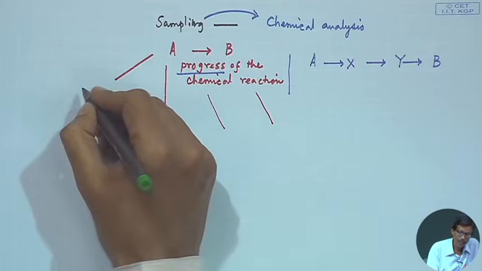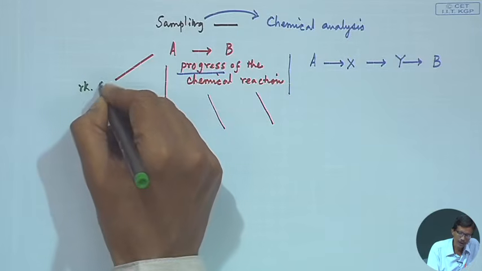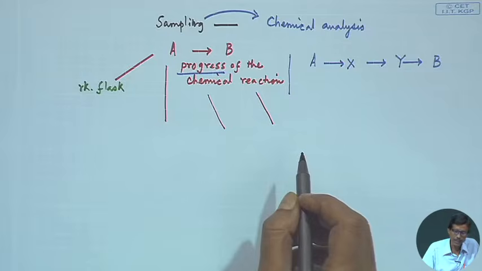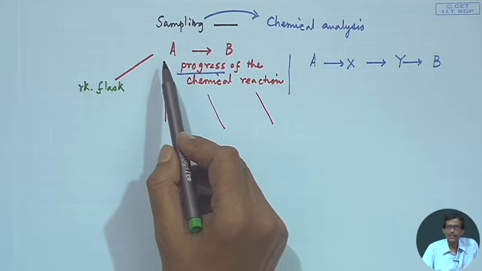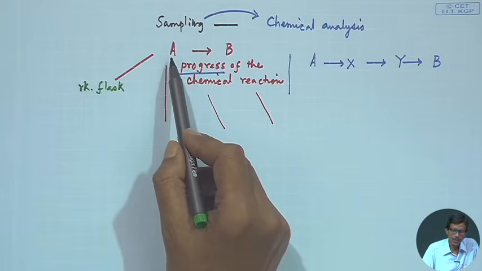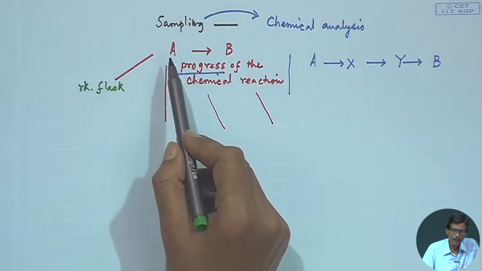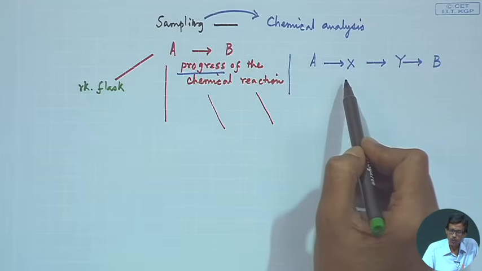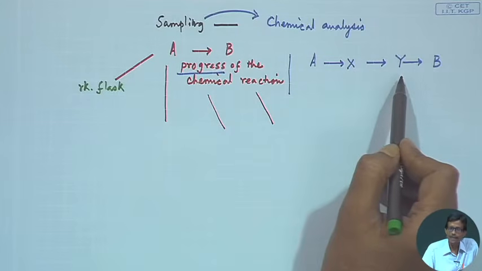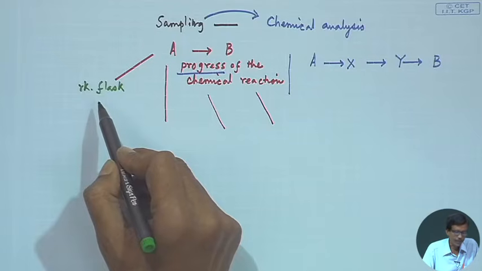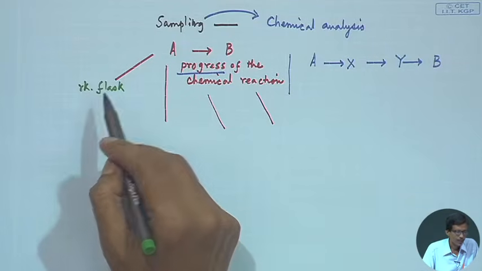One is that we can have a reaction flask, and within this particular reaction flask the reaction is taking place, and this reaction will not proceed in such a way that A is directly converting to B without going through the intermediates X and Y. So, we can monitor a particular reaction in a flask in a lab.